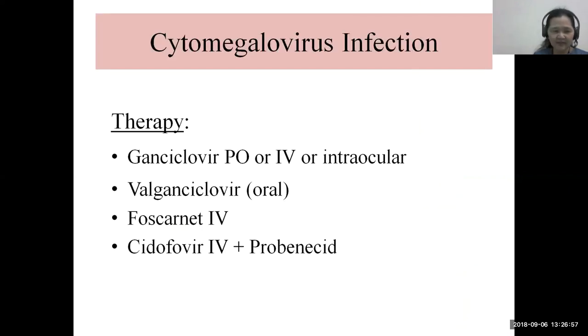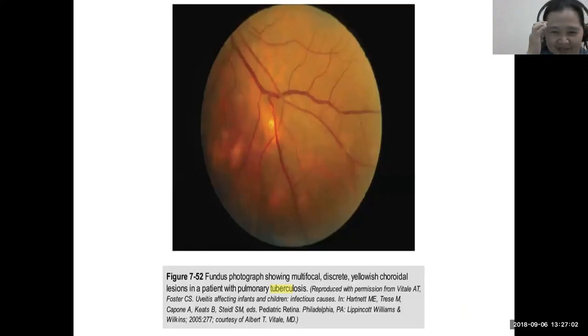Okay. Wait lang. Yung at the next, at the back pala. Siniksik ko lang dito to kasi believe it or not, may TB of the eyes din. So, there is such a thing and here in PGH, meron talagang mga ophthalmologists who have made case series of TB infection in the eyes. Okay?